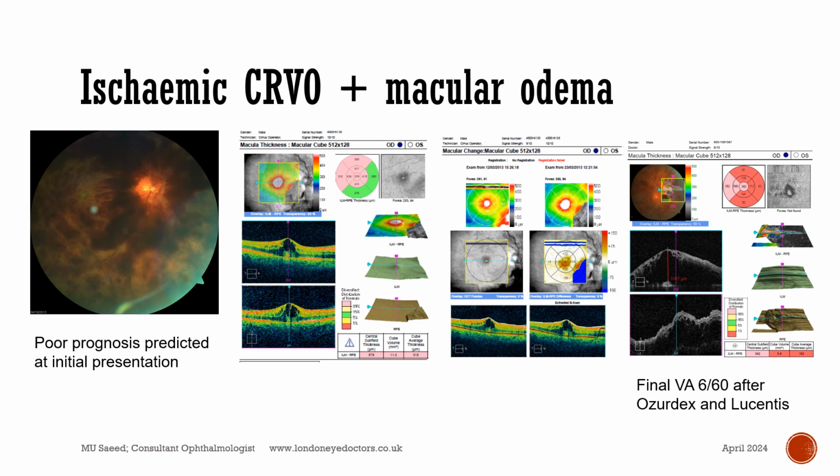In patients with retinal vein occlusion and a macular edema, usually a fluorescein angiogram is done, and an OCT can provide some degree of idea about the prognosis.